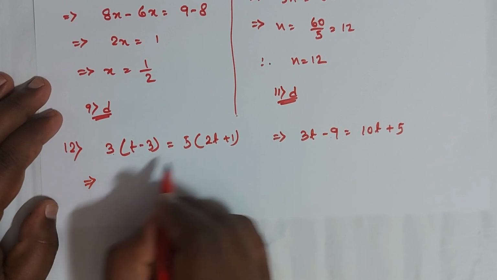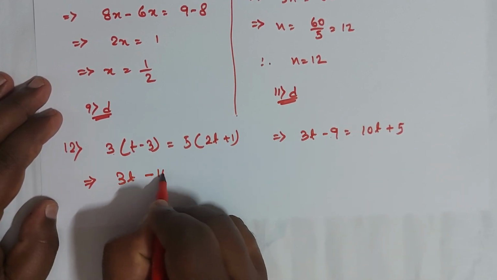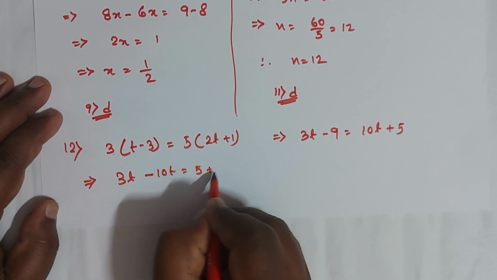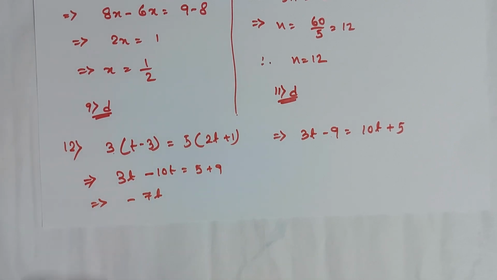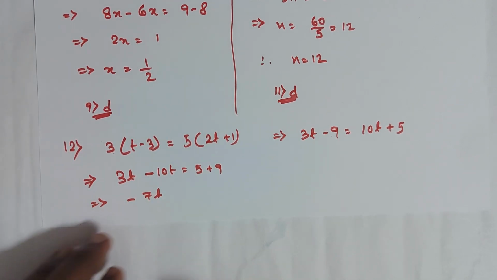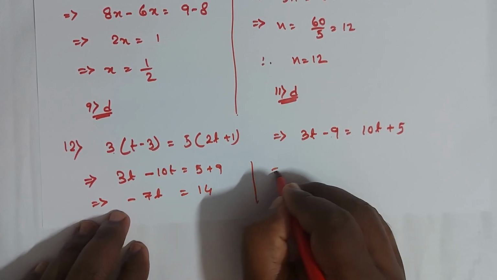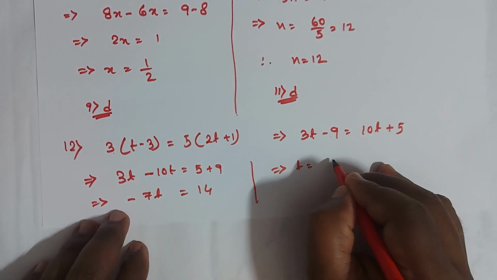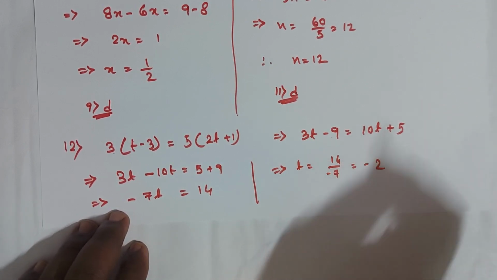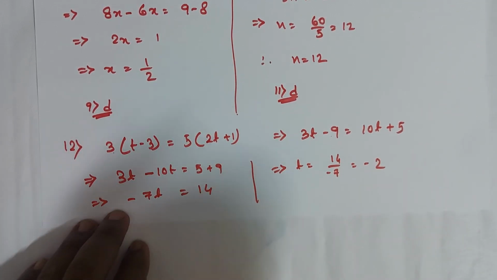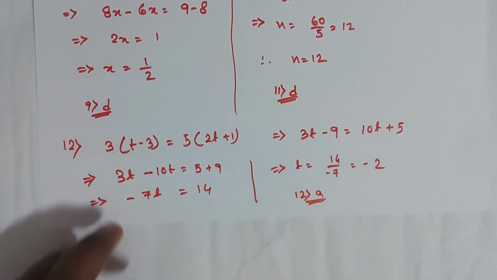Now all the t related terms will be on the left hand side. So 3t minus 10t is equal to 5 plus 9, or minus 7t is equal to 14, or t equals 14 by minus 7, that is minus 2. So minus 2 is in option A. So question number 12, option A is our correct answer.